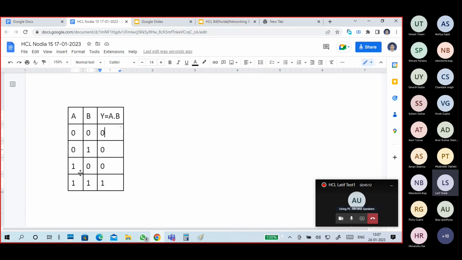All inputs are 1, output is 1. If both inputs are 1, then the output is 1.